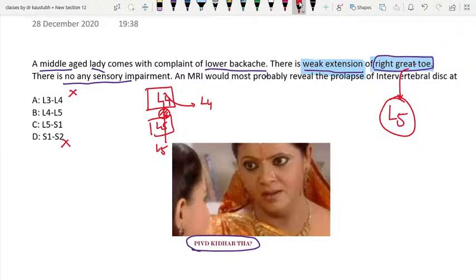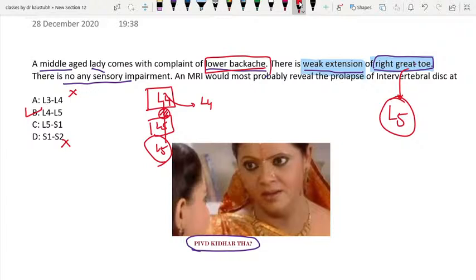Remember, if lower back pain is associated with limb abnormalities and sensory loss, I would think of a lateral compression. But if it is lower back pain without sensory involvement, it's a paracentral disc prolapse. That means it has to be L4-L5 to compress L5. That's why the answer is option B.